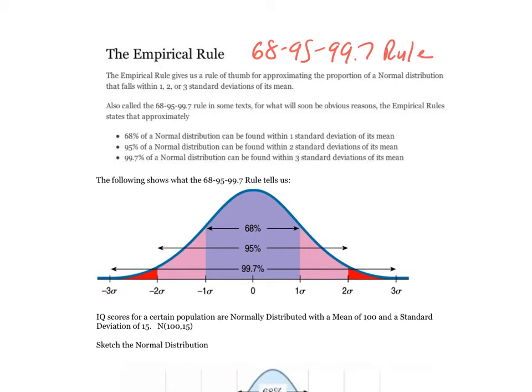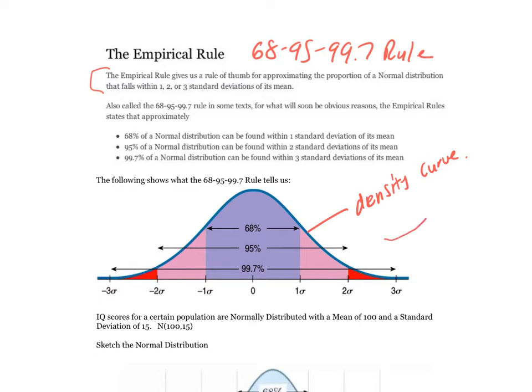So the empirical rule gives us a rule of thumb for approximating the proportion of a normal distribution that falls within 1, 2, or 3 standard deviations of its mean. It's also called the 68, 95, 99.7 rule. So keep in mind that this normal distribution is a density curve, which means the area underneath it adds up to 1, okay?